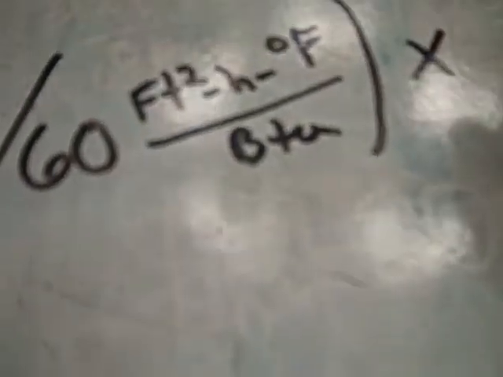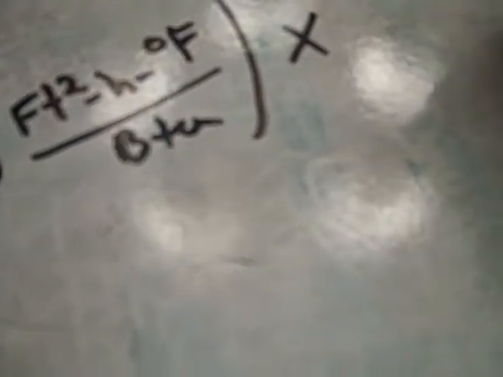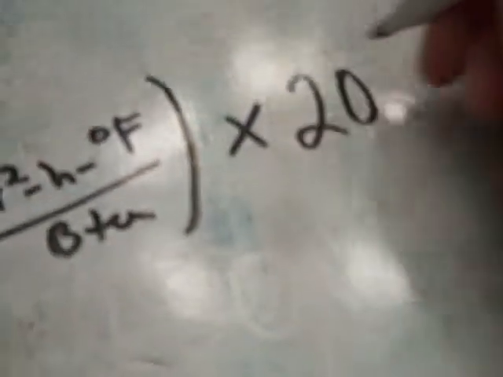So it's 1 over 60, and our values, once again, are in a set of feet squared, hours per day, degrees Fahrenheit over BTUs. So that's my R. And the area of my home in this set is 2,000 square feet.